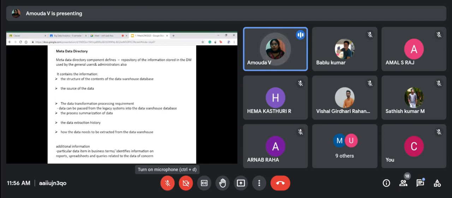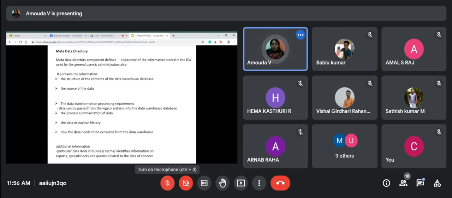The metadata I already told, a very important component of the data warehouse, because it stores all the data about data. Which format you are using, which schema you are using, which programming language you are using, for the users as well as for the administrator.